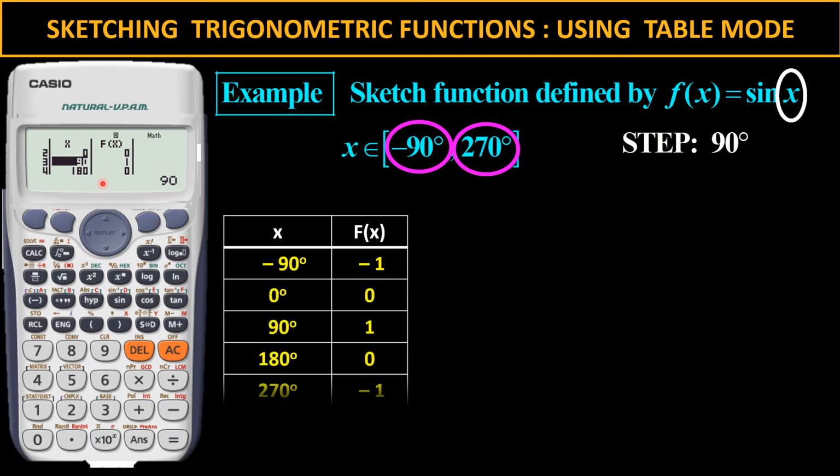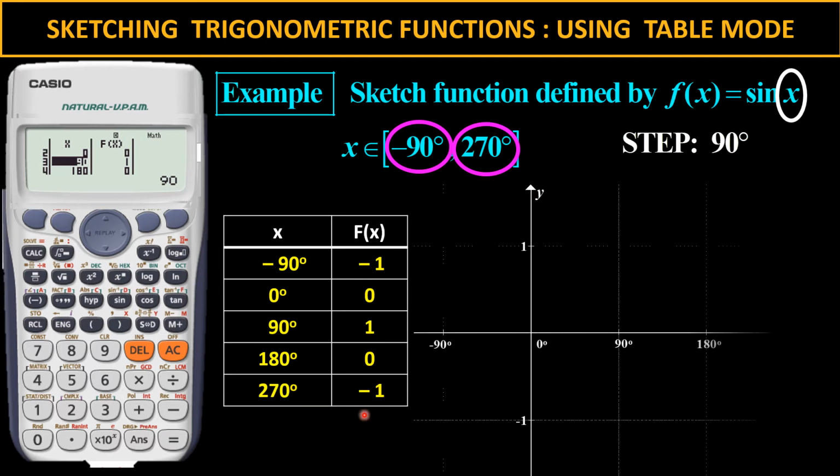To make it a little bit more visible, I've recorded all the values that we get from the calculator. We started with negative 90 and we end with 270 and we have steps of 90, and these are the corresponding function values. Now it's just a matter of plotting the points.